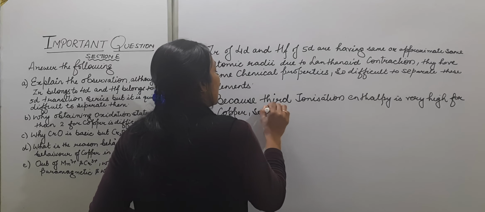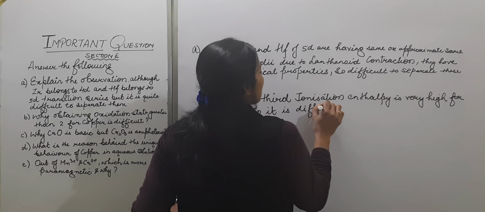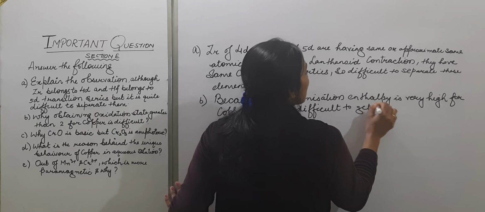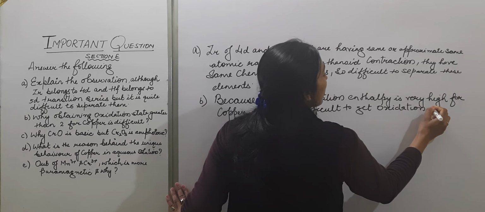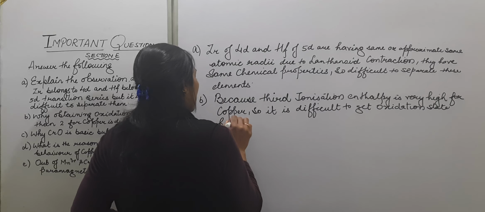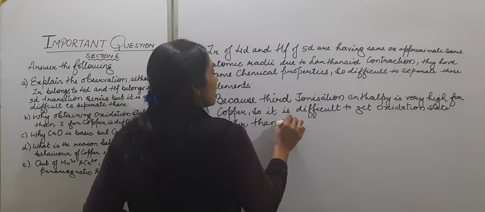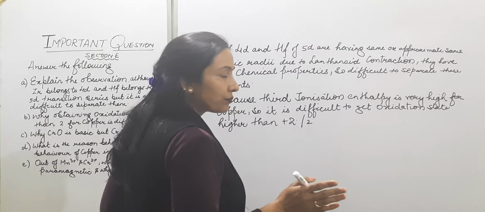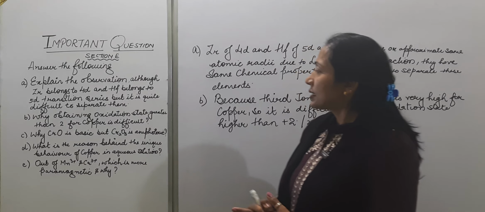So it is difficult to get an oxidation state higher than +2, or you can write higher than 2. Clear? Then the third subpart is this.